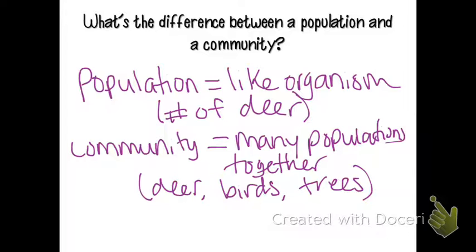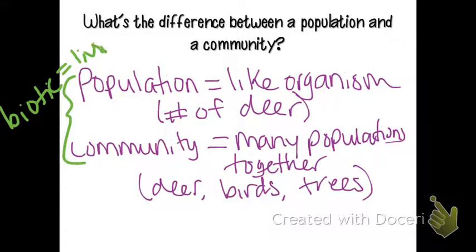Okay, so populations and community, these only have what we call biotic factors. Biotic means living. So these include only the living things in an environment. Population is only one type of organism.